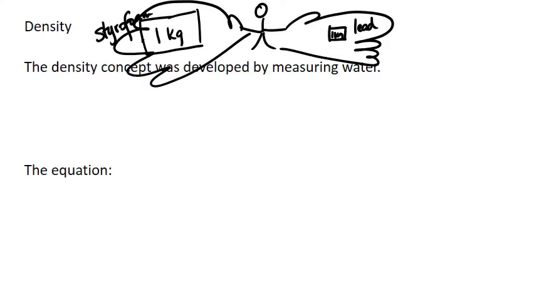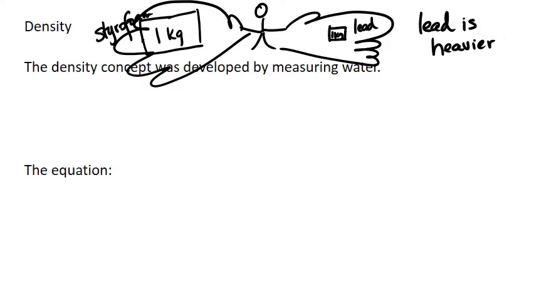And if I asked you what that feels like, you would say the lead is heavier, even though they have exactly the same mass. The reason it feels heavier is that the lead is so much more dense, it doesn't take nearly as much space for that same mass.